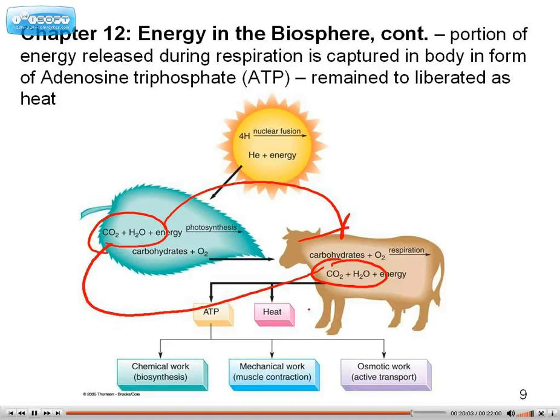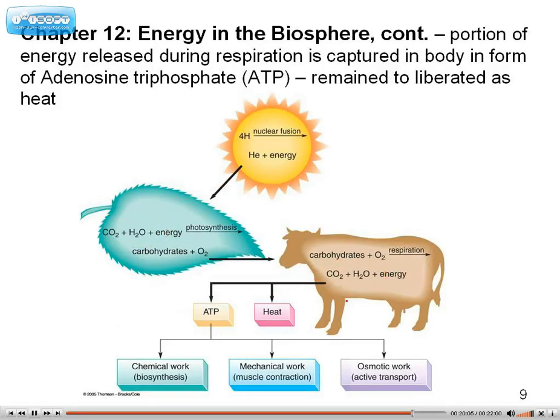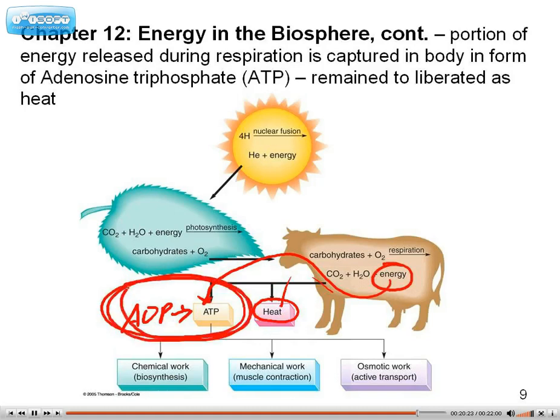I do want to point out that in biochemical terms, the energy is used to convert ADP to ATP. And it also produces excess energy, excess heat. But the big thing I want you to focus on is it produces ADP to ATP.